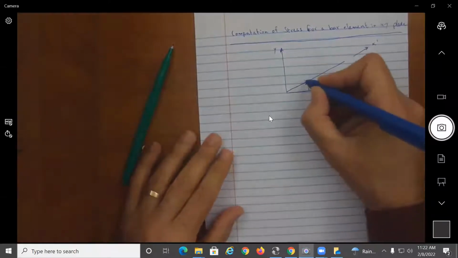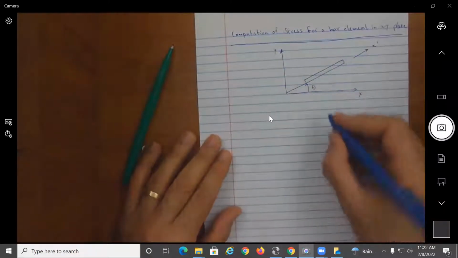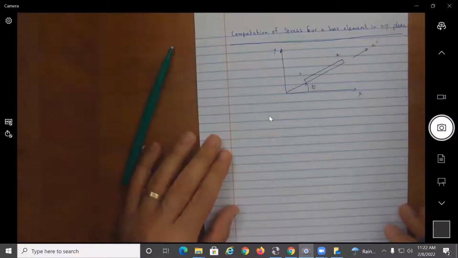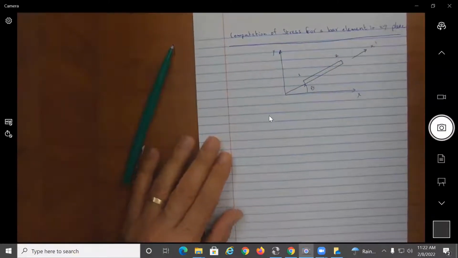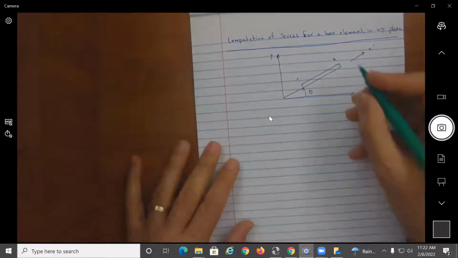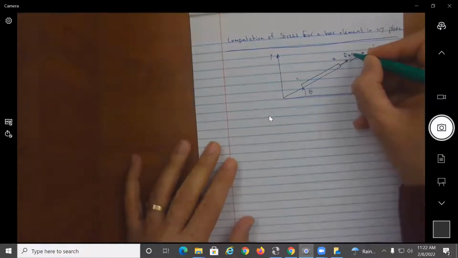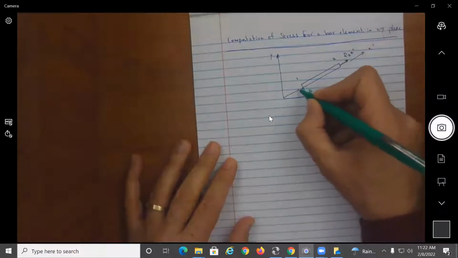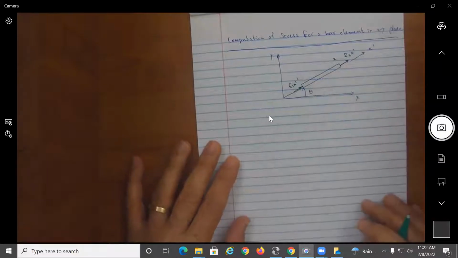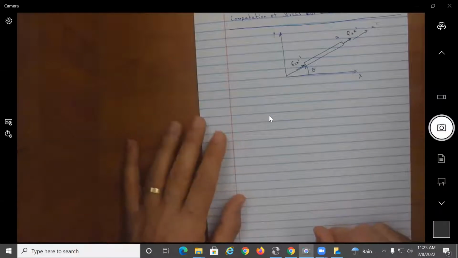So we have a bar here, and this bar has two nodes, 1 and 2. And looking on the prime axis, we can solve for the element forces. If we know F2 x prime, and here I have F1 x prime, these are the prime element forces.